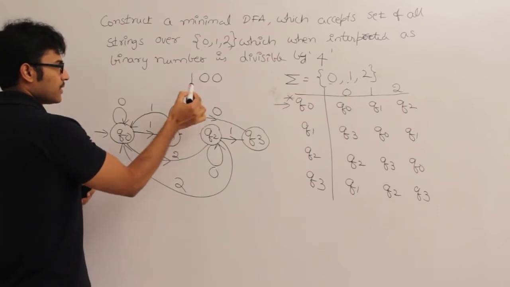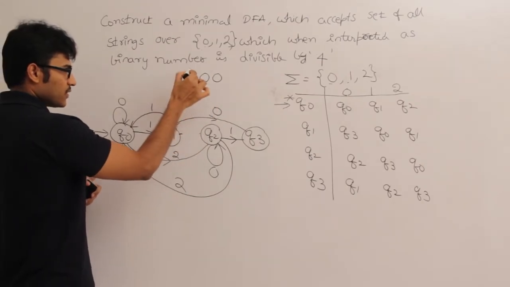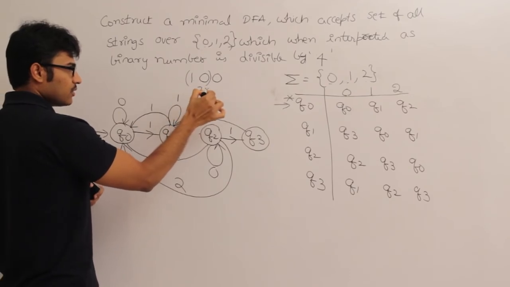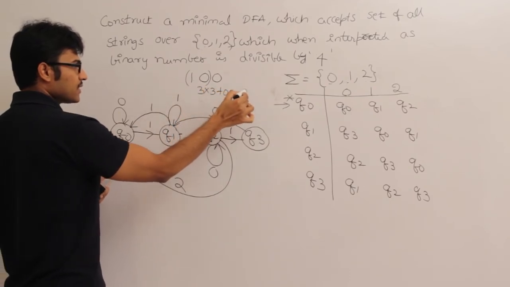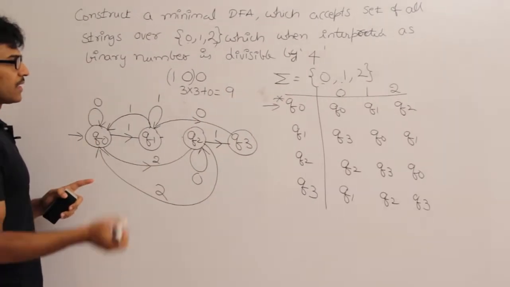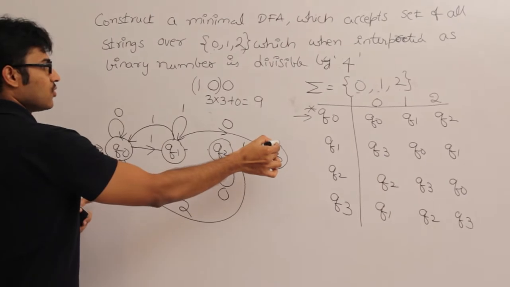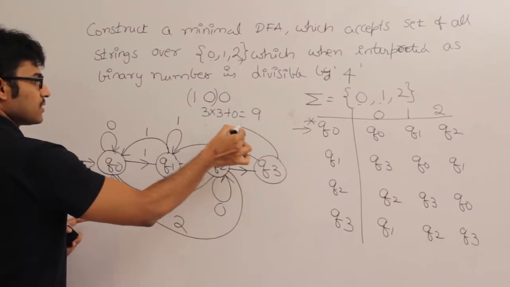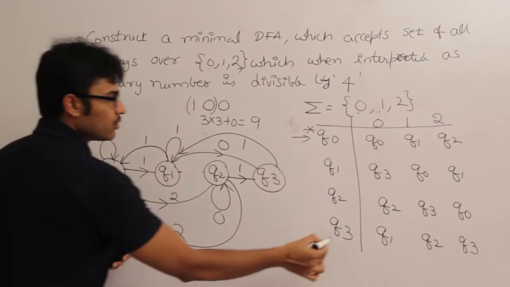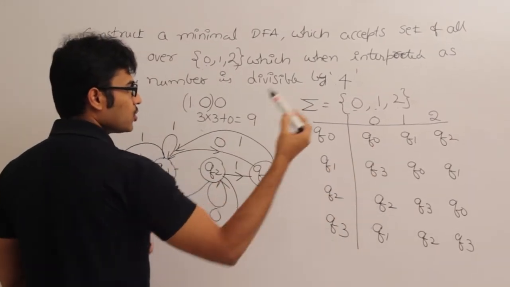This is nothing but 3 into 3 plus 0, which is 9. 9 when divided by 4 is going to give a remainder of 1. Therefore Q3 on 0 is going to go to Q1.